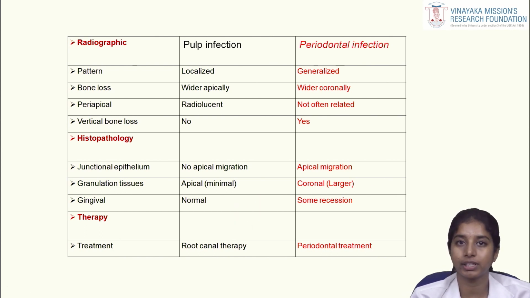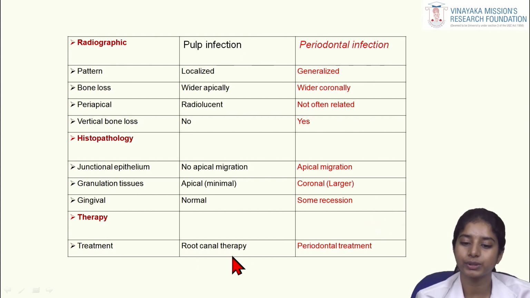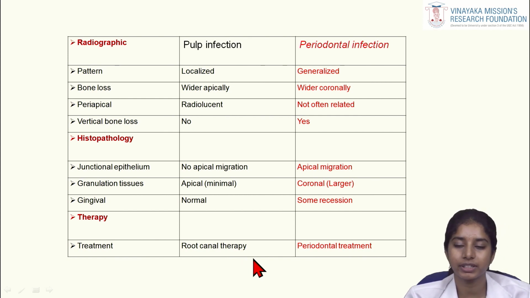In case of a periodontal infection, there will be apical migration of the junctional epithelium, the granulation tissues are confined to the coronal part of the root, and it is mostly associated with recession of the gingiva. And then coming to the therapy, for a pulpal infection we have to do root canal therapy, and for a periodontal infection we have to advise periodontal treatment.